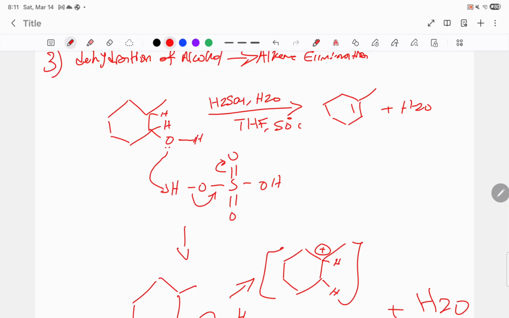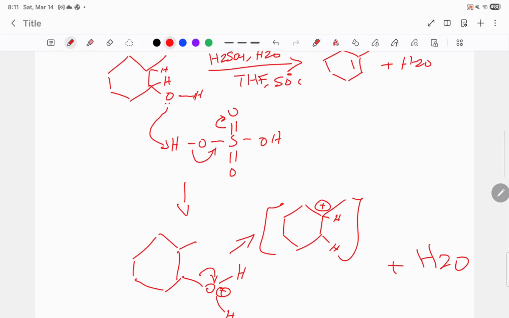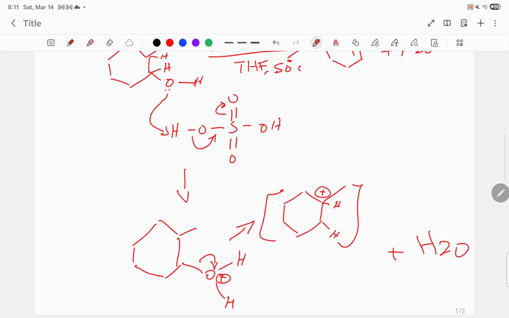Now, remember, anytime we're doing eliminations, the product that is formed as the major product is the more substituted product, the Zaitsev product. And the way we do that is by abstracting a proton from this guy.